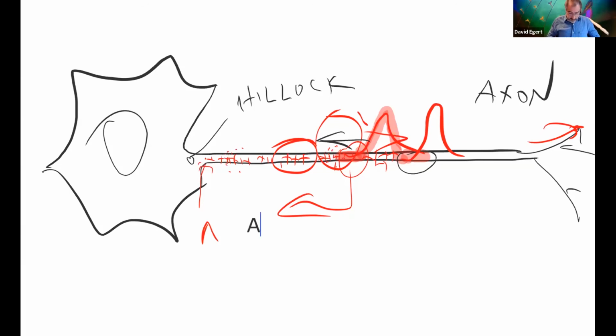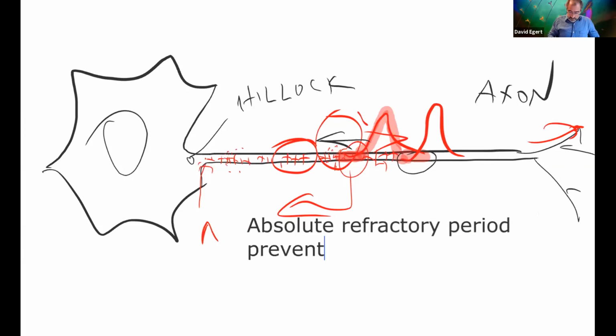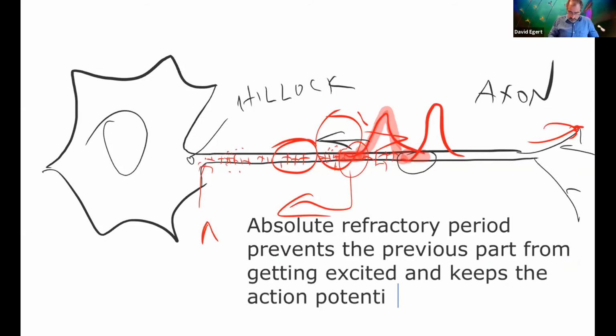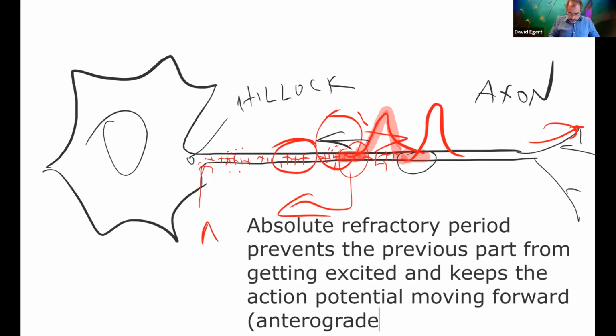Basically, absolute refractory period prevents the previous part from getting excited and keeps the action potential moving forward, which we call anterograde. And we could say it prevents retrograde.